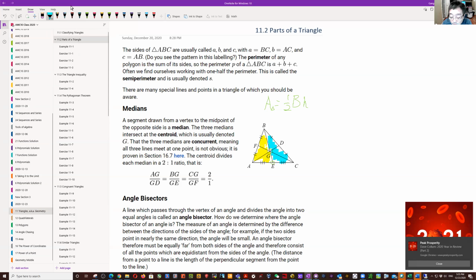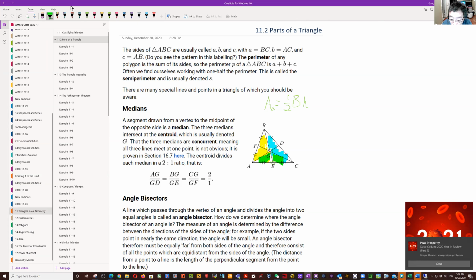Then you can use the intersection point here, the centroid. Then this little triangle has the same area as that one. So those two are the same, and you can also prove those two are the same.